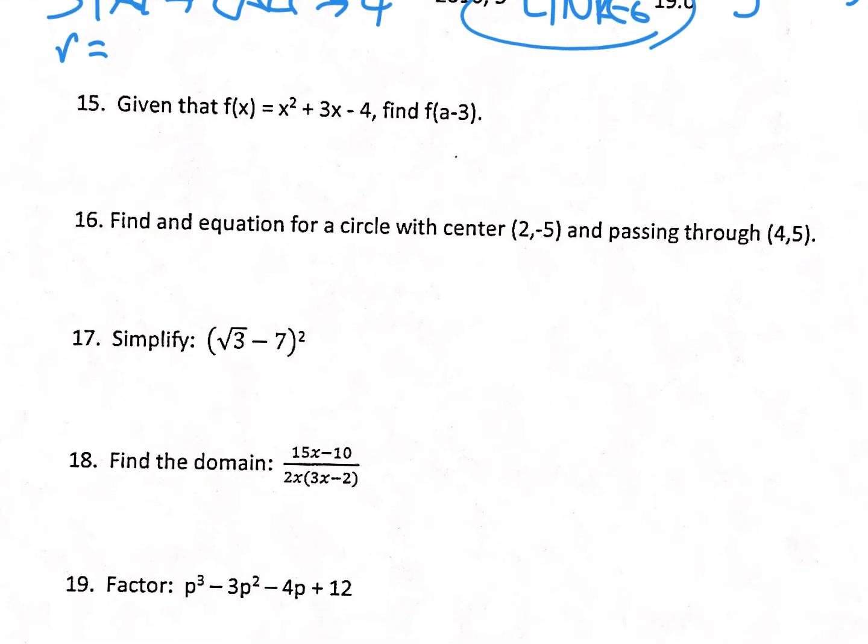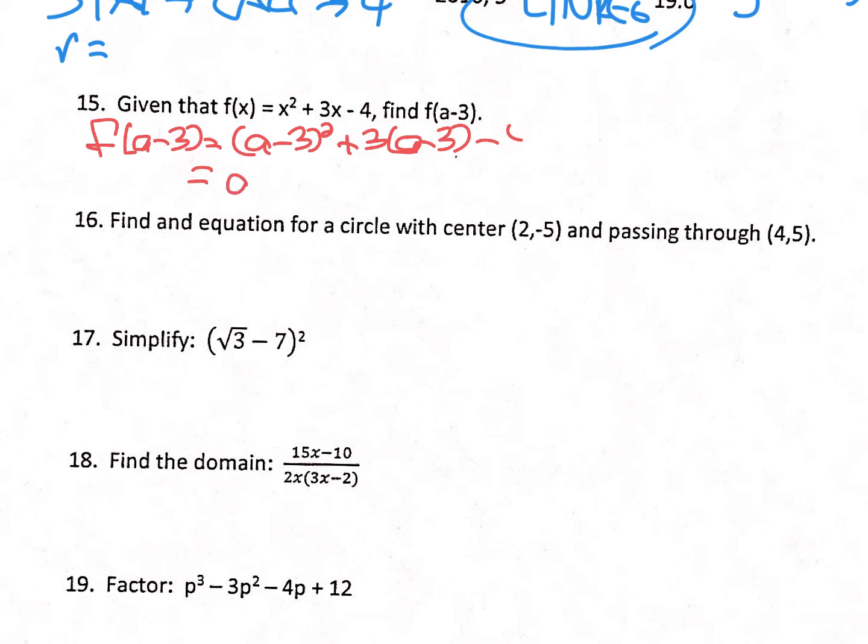15 says f of a minus 3, which means you're going to plug a minus 3 into that function. So I'm going to do f of a minus 3 equals (a minus 3) squared plus 3 times (a minus 3) minus 4. And you've got to work all that out. So square the first one. When you square, remember it's squaring the whole thing, multiply it together, double.